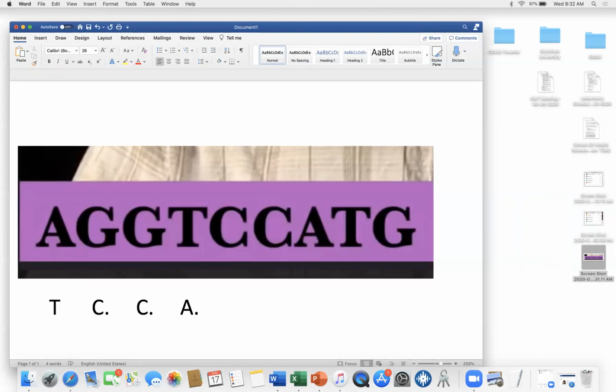G's and C's always go together, so that's a G, that's a G, that's a T, that's an A, that's a C. So does everyone see how you always have an AT, GC, GC, AT, since a T always matches with the A on the other side. So let's say, for example, this is a 5' to 3'.